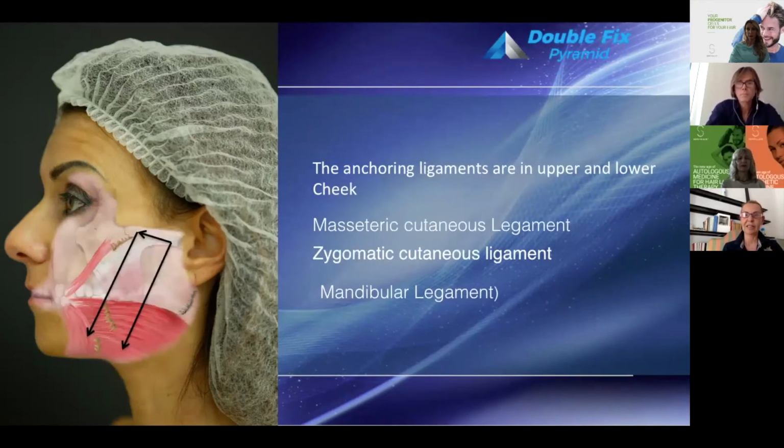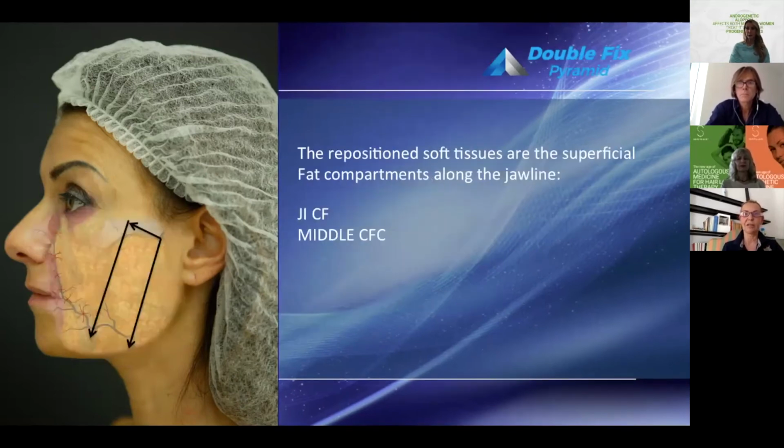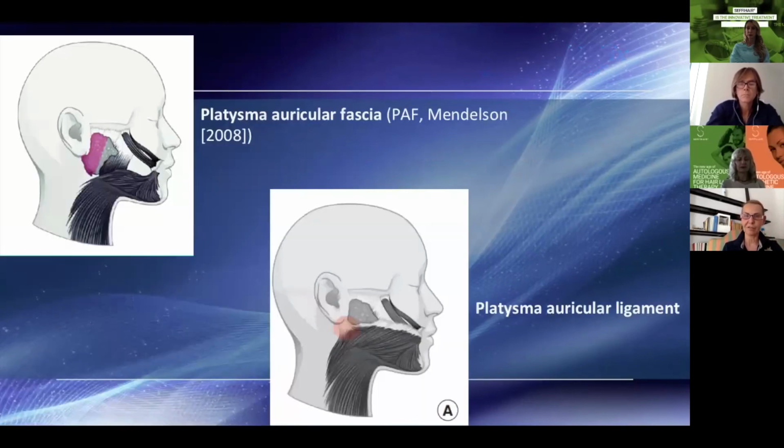Again, for the anchor ligaments in the upper part of the cheek, you have to tighten the masseteric cutaneous ligament, the zygomatic cutaneous ligament, and the mandibular ligament. In this way, you reposition the jaw compartment, the inferior compartment, and the medial cheek fat compartment.